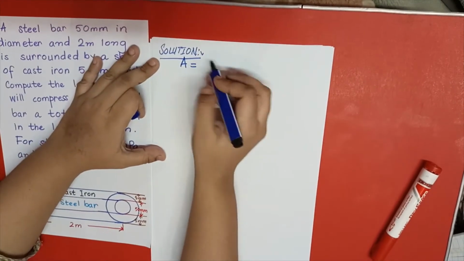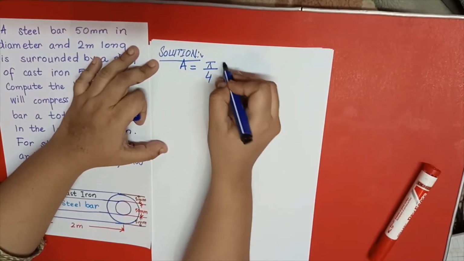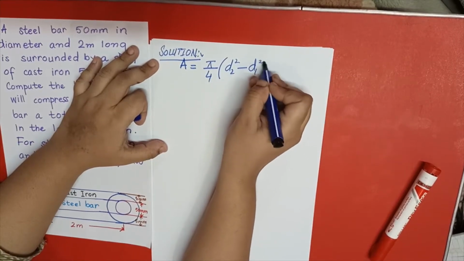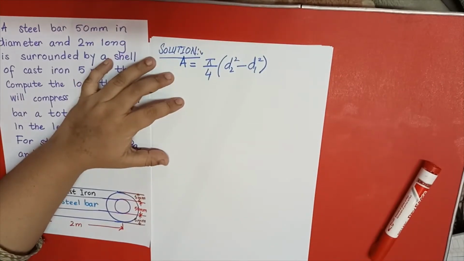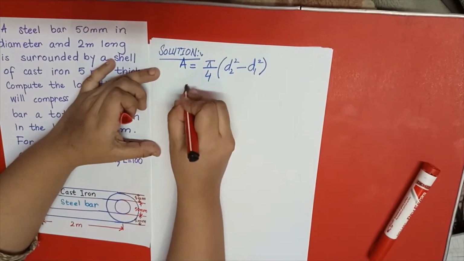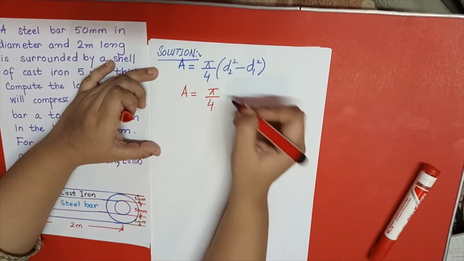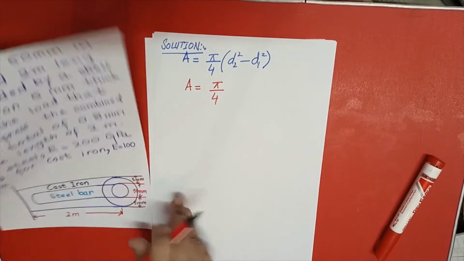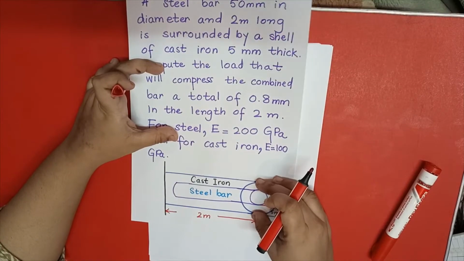Area equals pi by 4 times d2 square minus d1 square. So A equals pi by 4, and d2 will be the diameter of the whole bar.